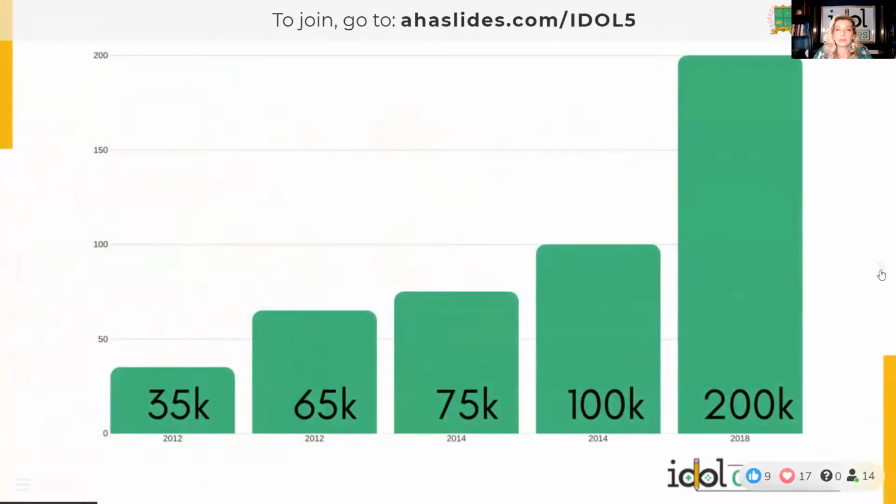I just want to take a little time to share a bit more about my story, and this is my story in numbers. I just love what data can tell us about anything, but specifically, this is data about my story. In 2012, I was the assistant dean of students at Shorter University, and I made $35,000 a year.